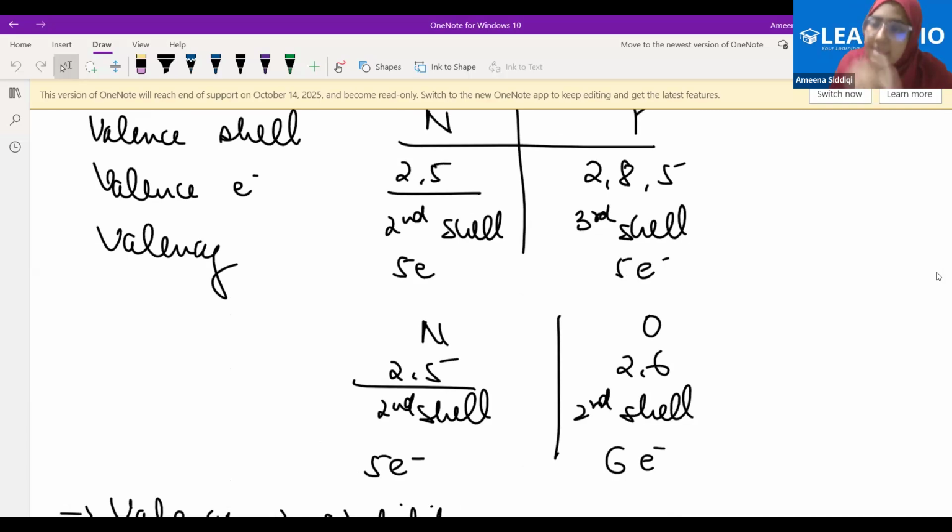What is the valence shell? In the electronic configuration, which is different for every element, we will have some last shell, and that last shell we get according to the filling of the electrons present in that atom. And how do we get the total number of electrons in an atom?